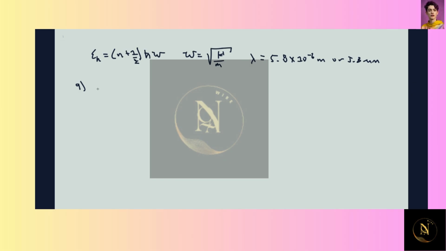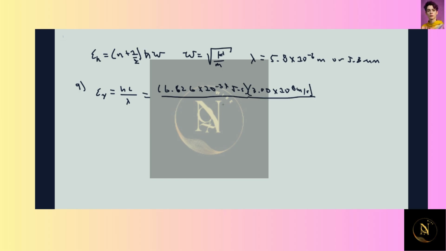So the energy of a photon is given by hc over its wavelength, which is equal to 6.626 times 10 to the minus 34 joule seconds times 3.00 times 10 to the 8th meters per second divided by this wavelength here, 5.8 times 10 to the minus 6 meters.